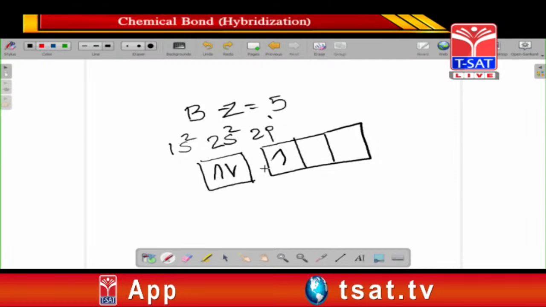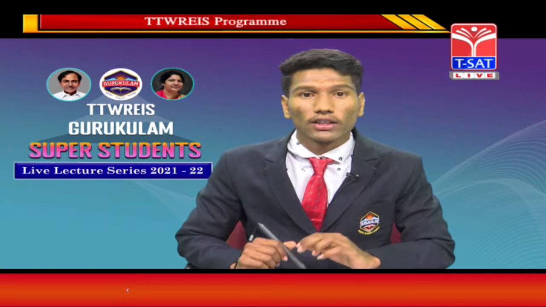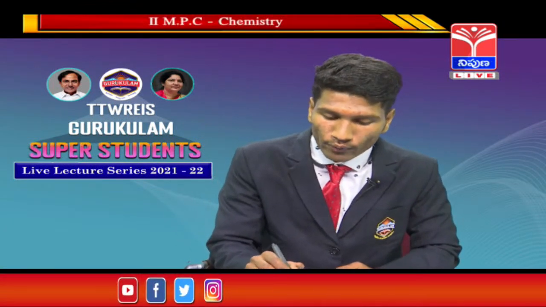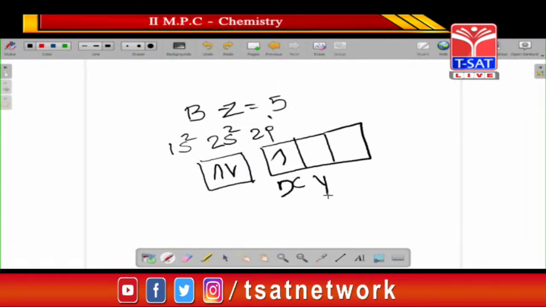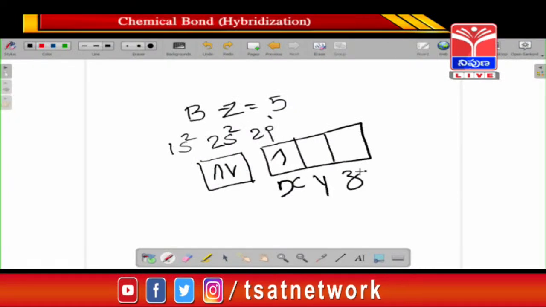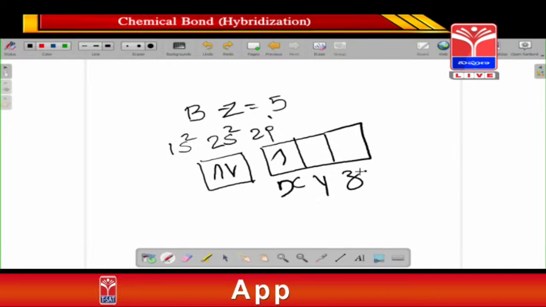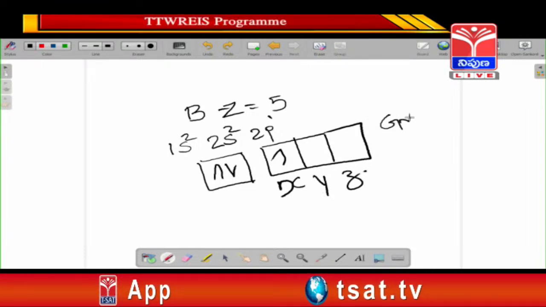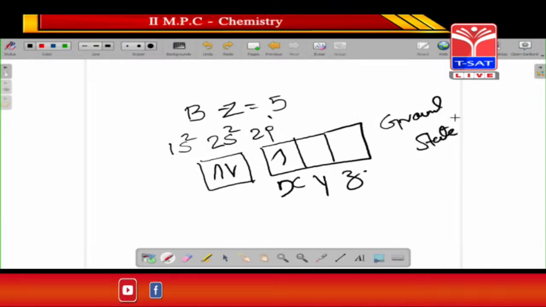What we said is that in sp2 hybridization the intermixing of one s orbital and two p orbitals is known as sp2 hybridization, but there is only one electron in the p orbital. So we have to intermix this. Where it is in the ground state, we will go to the excited state.